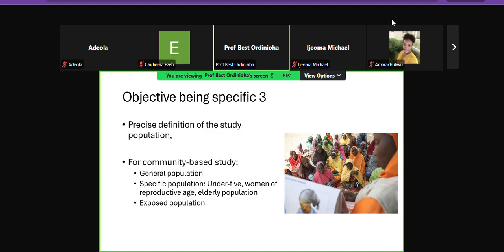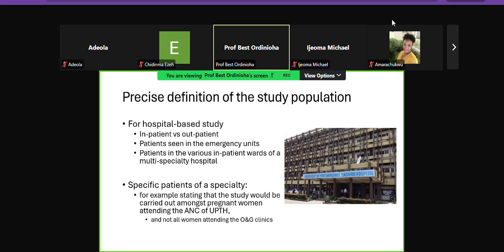The general population will consist of everybody, but you have under 5, you have women of reproductive age, you have elderly persons. And in environmental health, or where you are interested in exposure, like air pollution, you'll be interested in the exposed persons. So there you have to distinguish them.